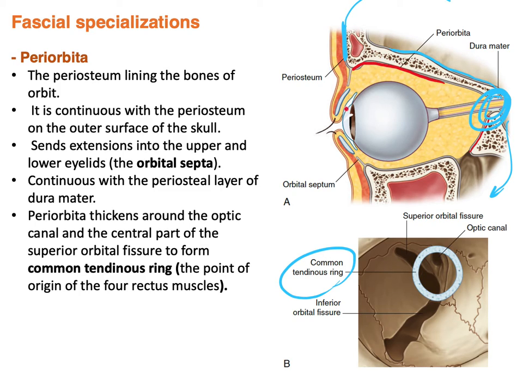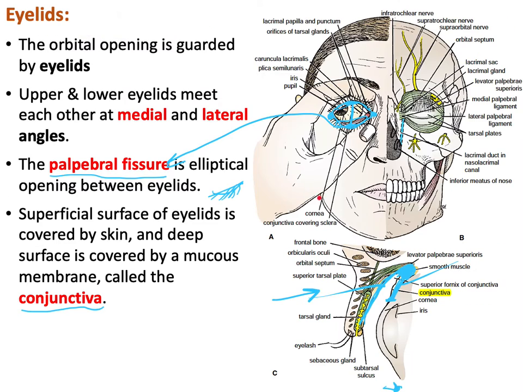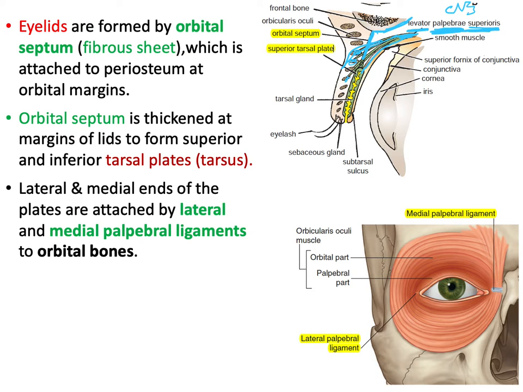So close to the eyelid here, it gives a septa, and this is the septa called the orbital septum. Let me erase this, and here is a better view. So this is the orbital septum that goes down to the eyelids.